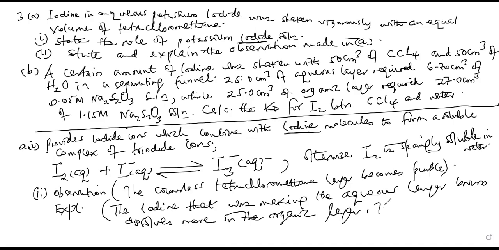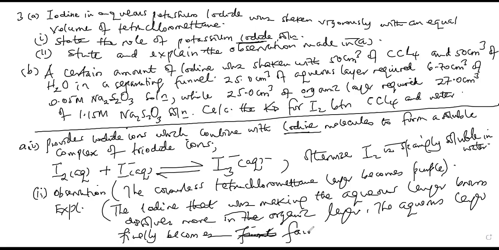Full stop. Then the aqueous layer finally becomes faint brown or pale brown. So basically, that is what we make as the observation.